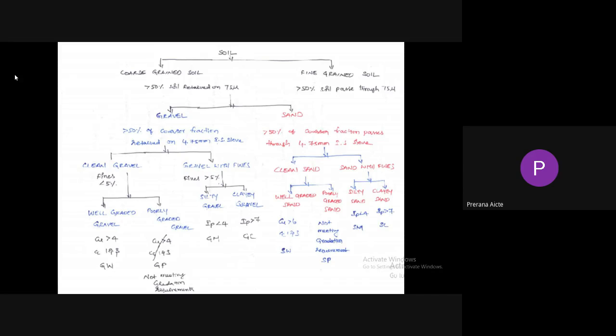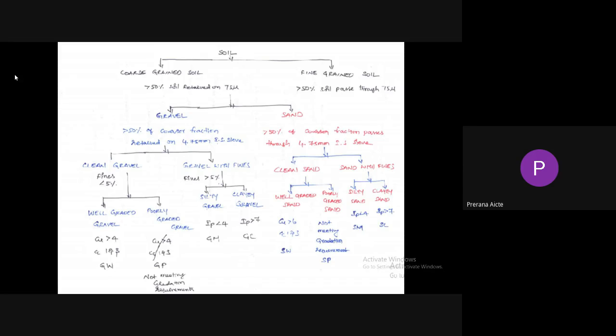If more than 50% of soil is retained on the 75 micron IS sieve, suppose you have taken 1 kg soil, that means 1000 grams, and 700 grams is retained on the 75 micron IS sieve. 700 means more than 50%. 50% of 1 kg means 500 grams.